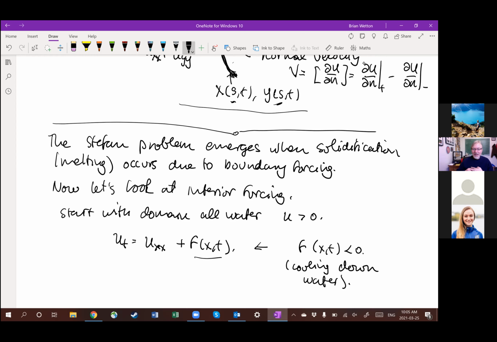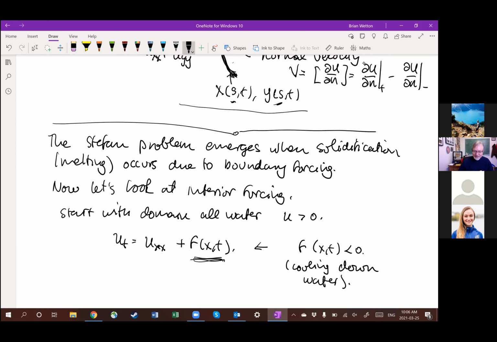Where the phenomenon that I'm going to talk about does occur is in metal solidification in molds, or different things, and there that's at quite high temperature. There you can have radiative heating, which is a volumetric term, and of course you're radiating heat out. This F could be negative.